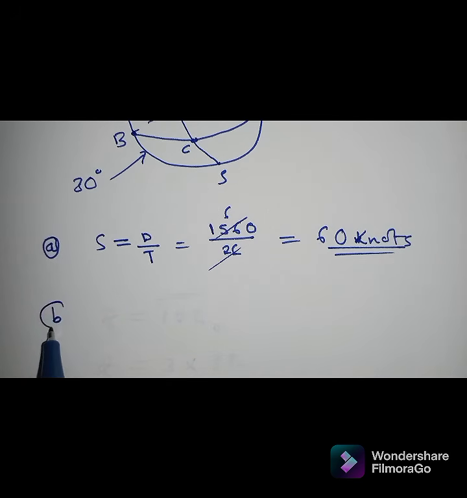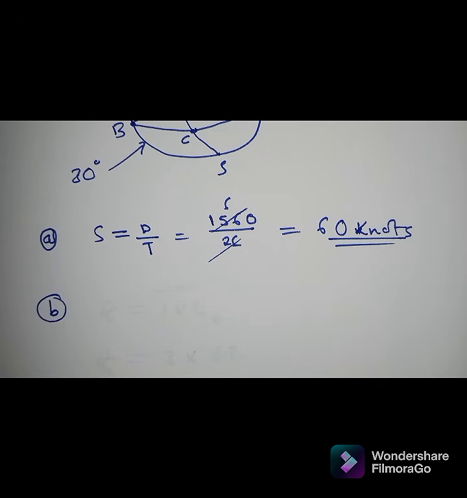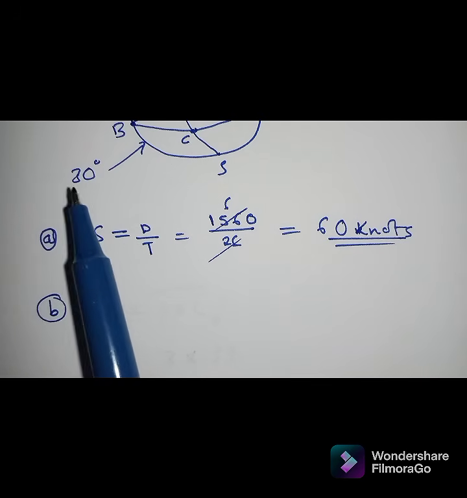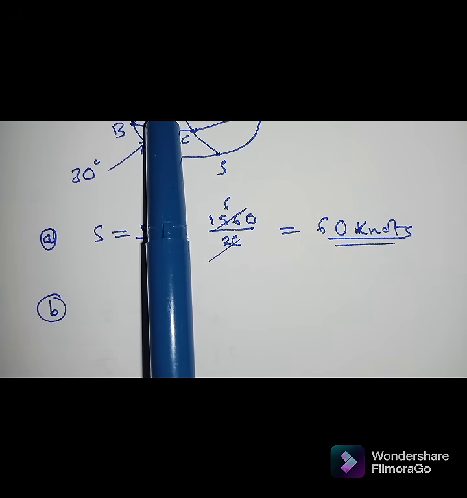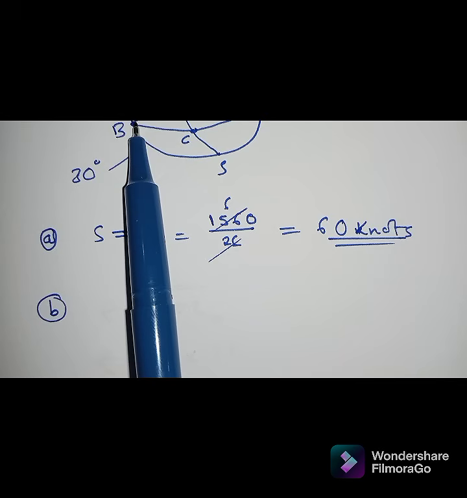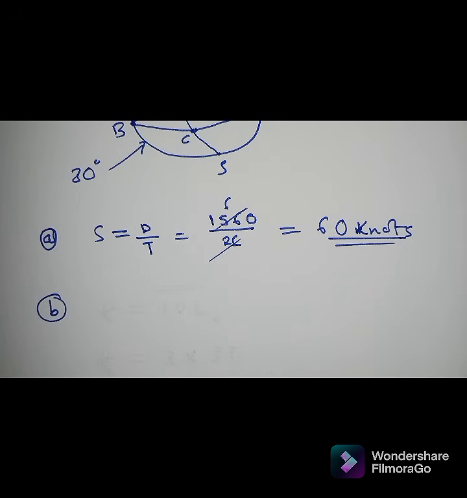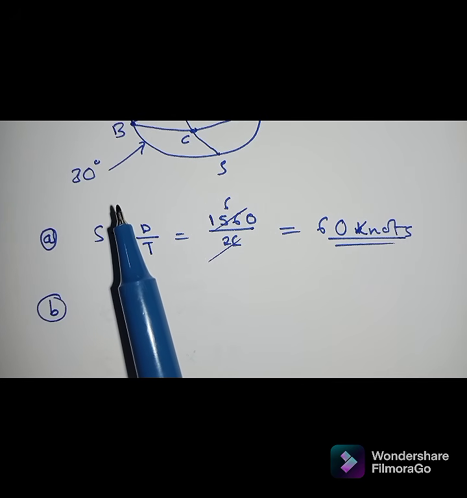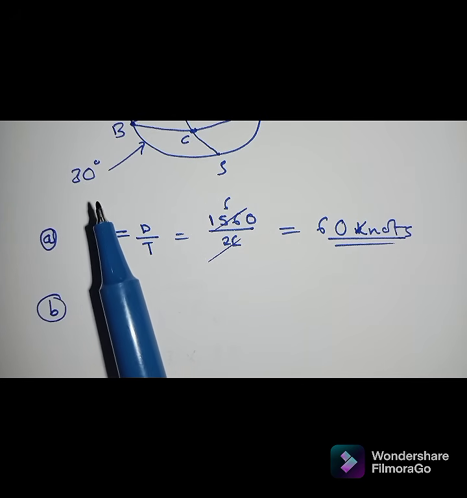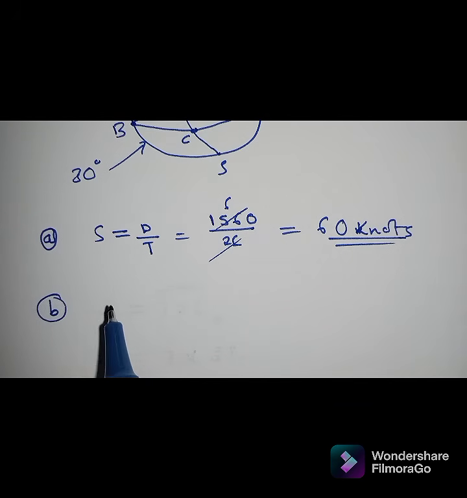Which is question B. For question B, they want us to find the local time at B, if at A the time is 10:30. What is the time at B? Remember, for the time we use the longitudes. Longitudes help us to find the time.